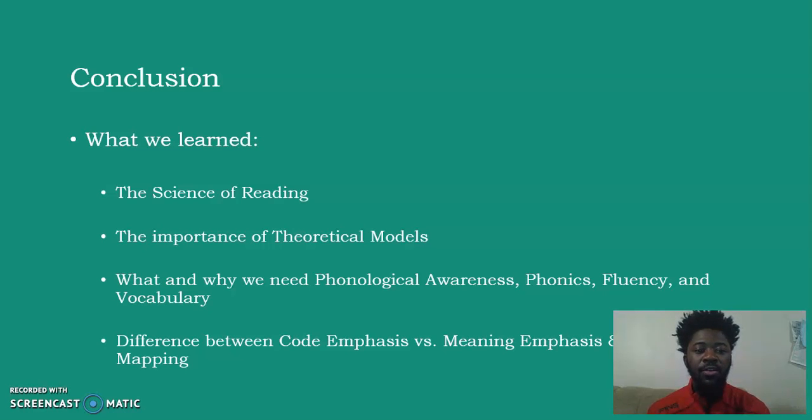We learned what and why we needed phonological awareness, phonics, fluency, and vocabulary. And then we learned the difference between code emphasis versus meaning emphasis. And we also talked about orthographic mapping.